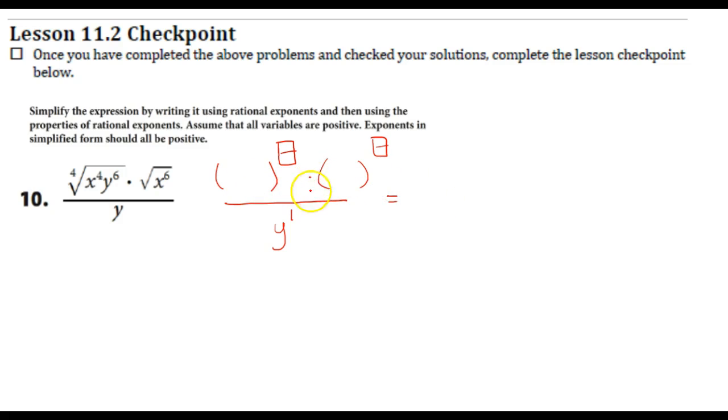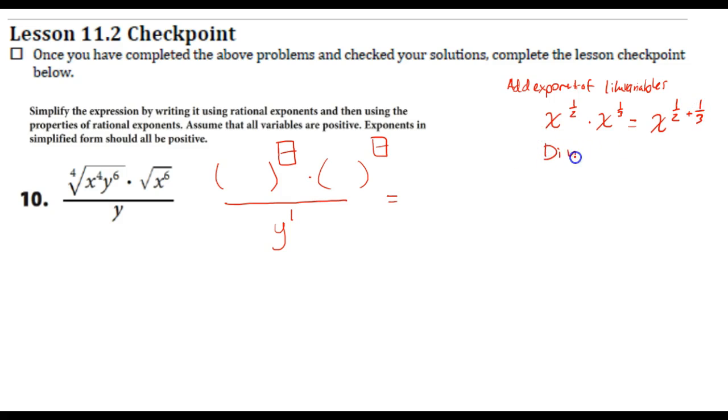If you do have variables that are alike, remember we can add exponents of like variables. So something like x to the 1/2 times x to the 1/3, we could add those together.